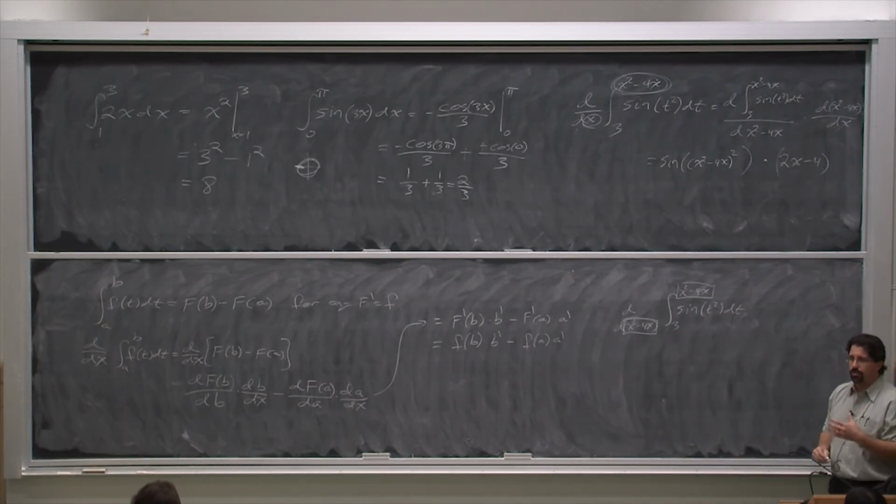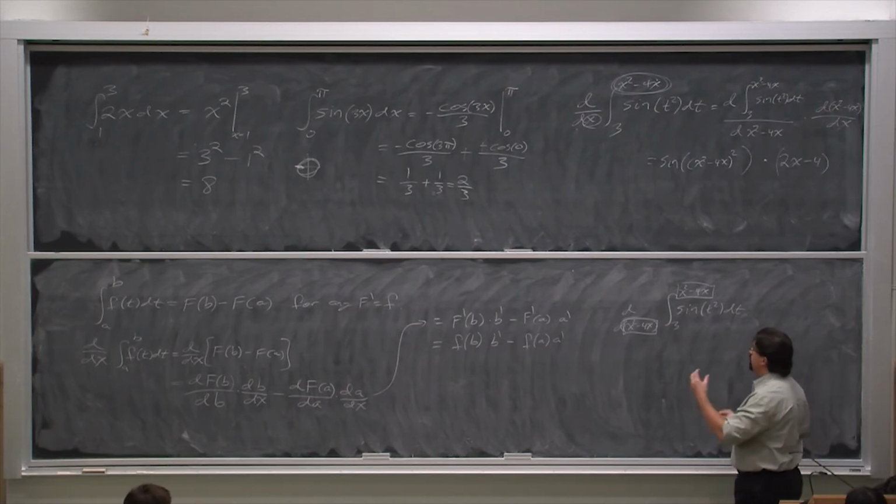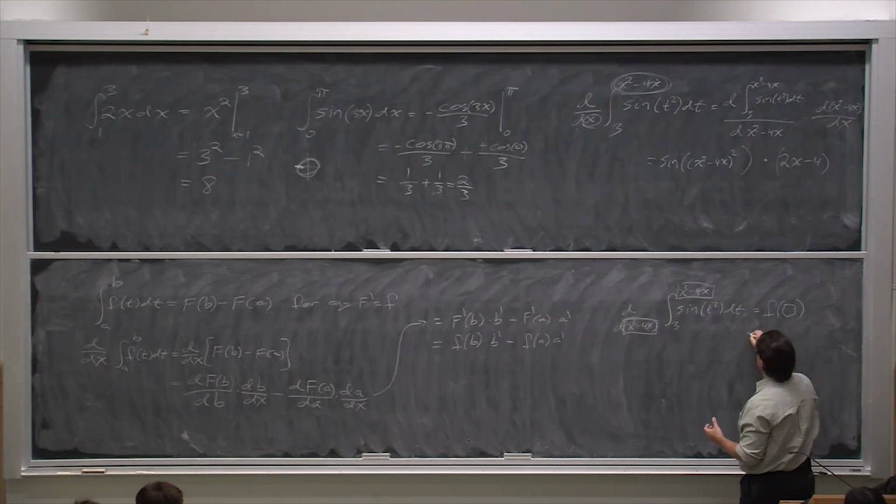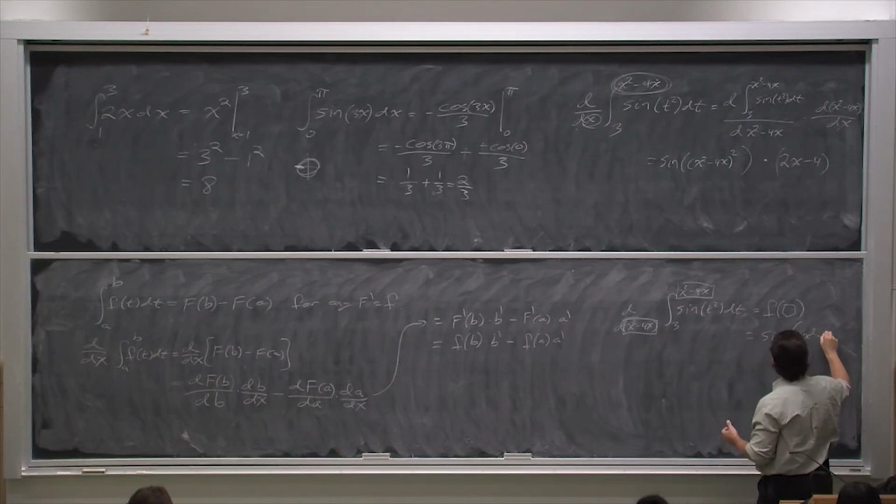And what I'm going to get for my result is f evaluated at that box. So it's going to be sine of this box squared.